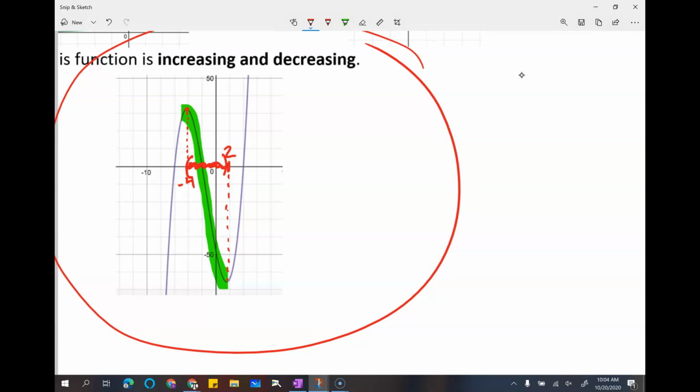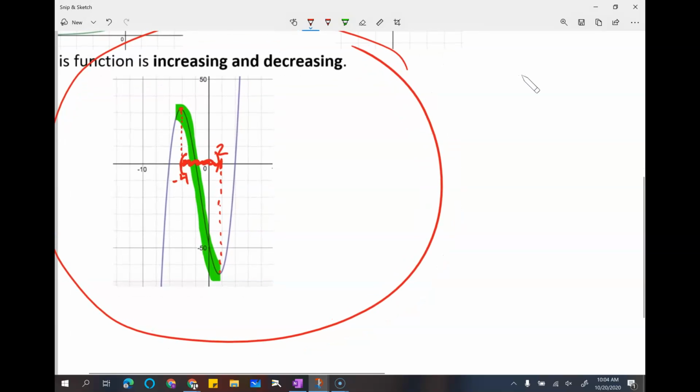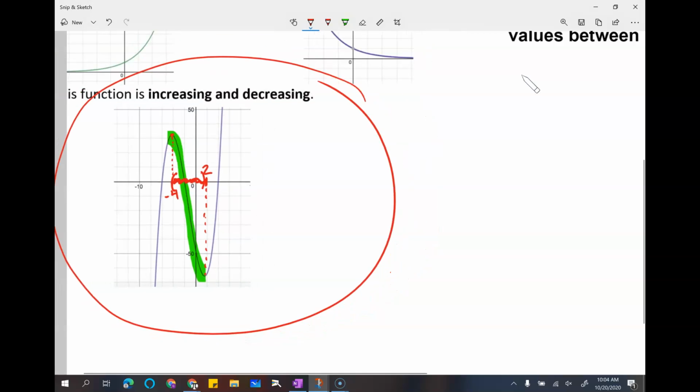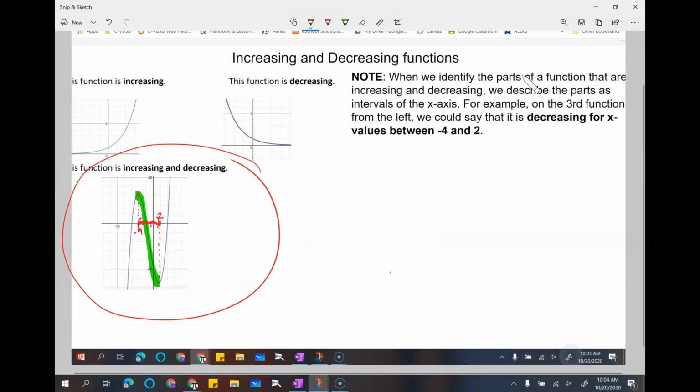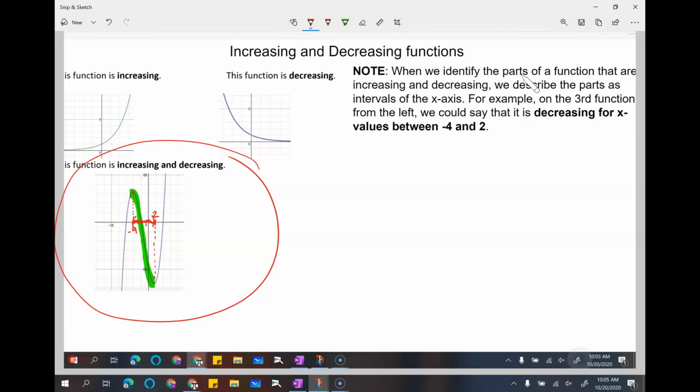So that's how we describe it, similar to how we do the domain and range: we describe how we're increasing or decreasing by looking at the x-axis. We'll go over what we'll do on the next one, but that's what we're saying there. So for that example, we are decreasing for all x values between -4 and 2. That's where we are decreasing.